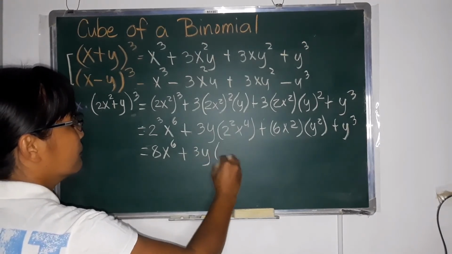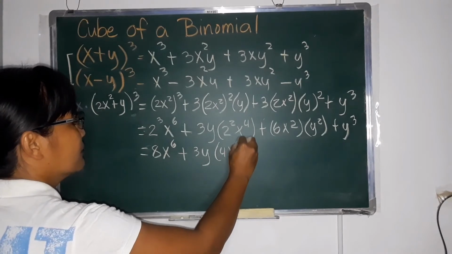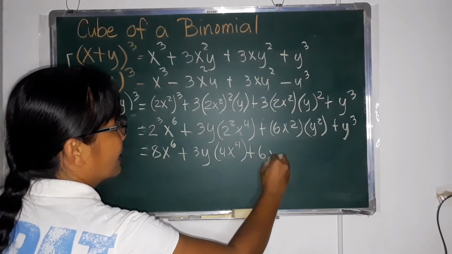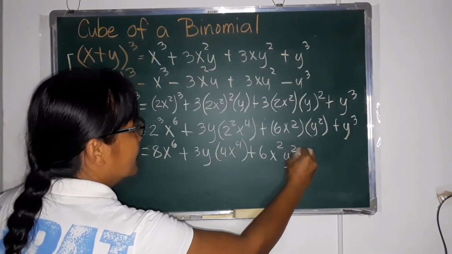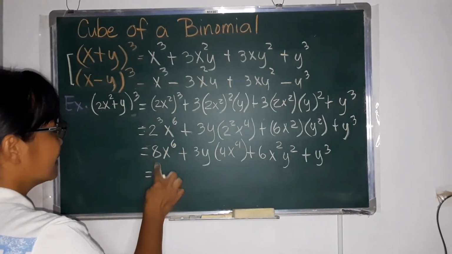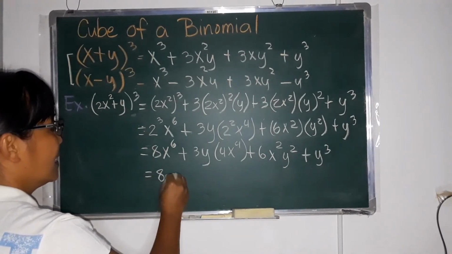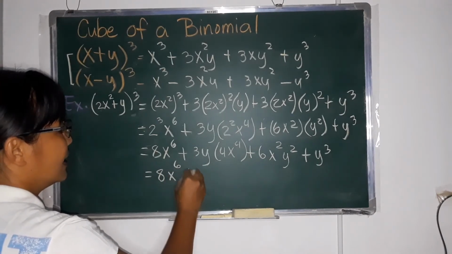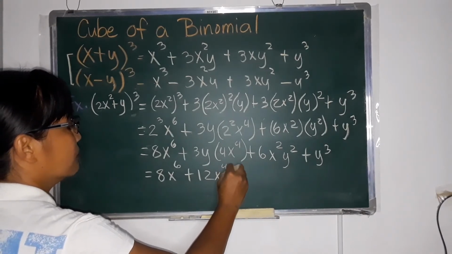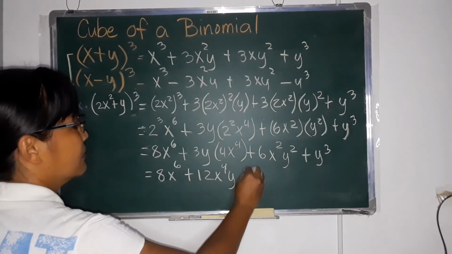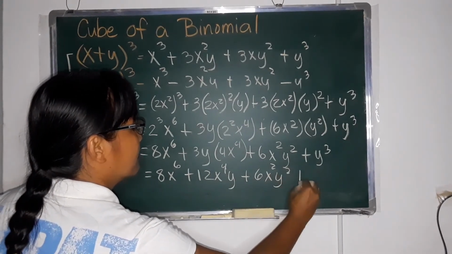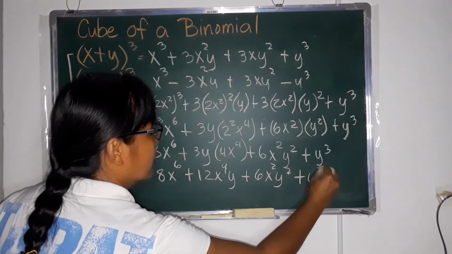2 squared is equal to 4. x to the 4th plus 6x squared y squared plus y cubed. Next, 8x to the 6 plus 3 times 4, 12 x to the 4th y plus 6x squared y squared plus y cubed.